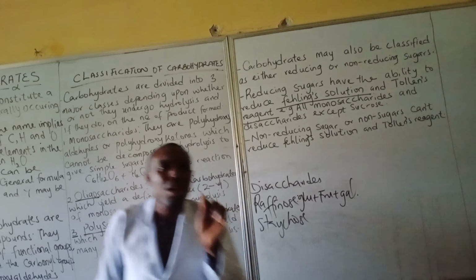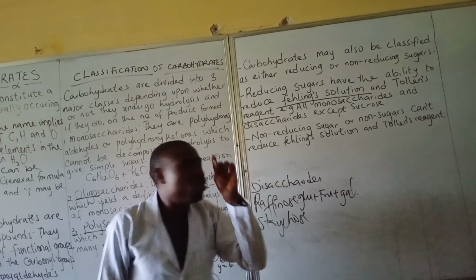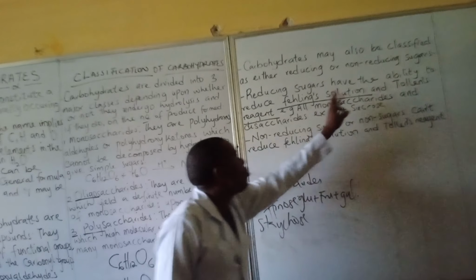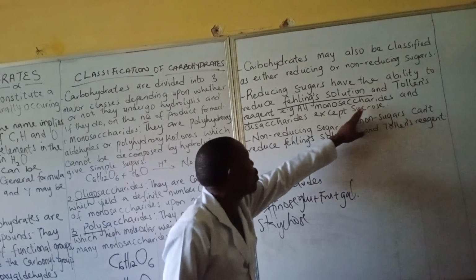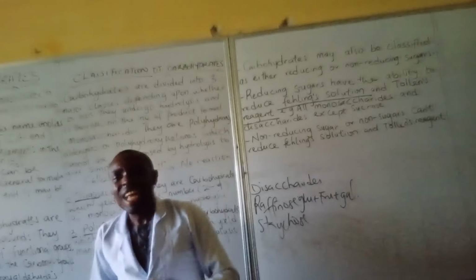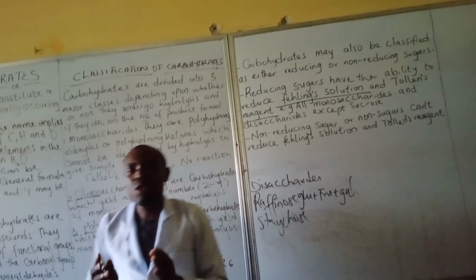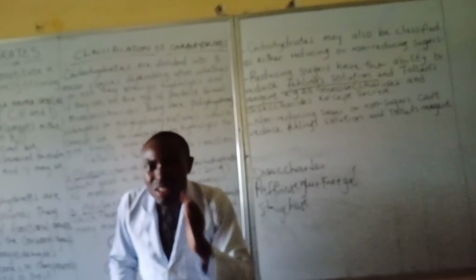Why? Because a non-reducing sugar does not have the ability to reduce these two chemical tests: Fehling's solution and Tollens' reagent.